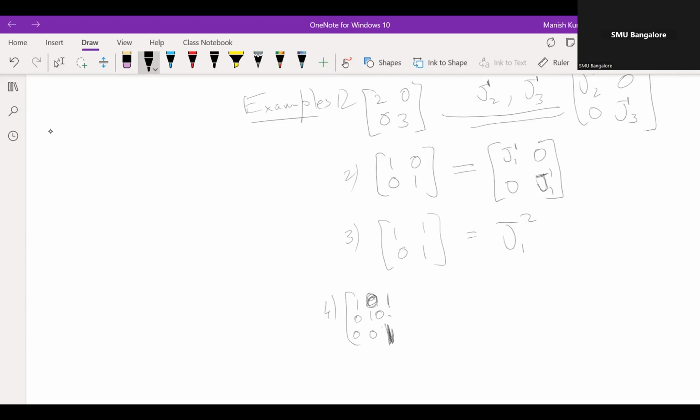I've written it in a more complicated way than I should. So consider this matrix. What do you think is the Jordan form? This is not in Jordan form, right? Because it's supposed to be 0 here in the corner. So what will be the Jordan form of this matrix?